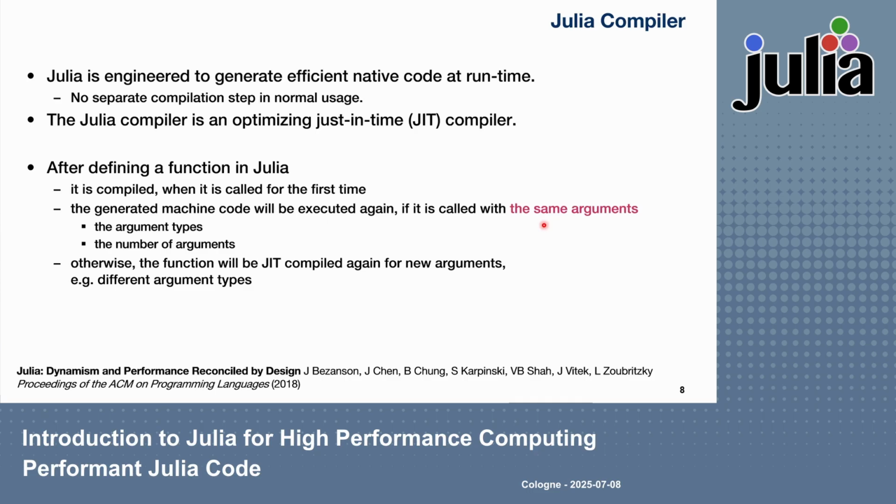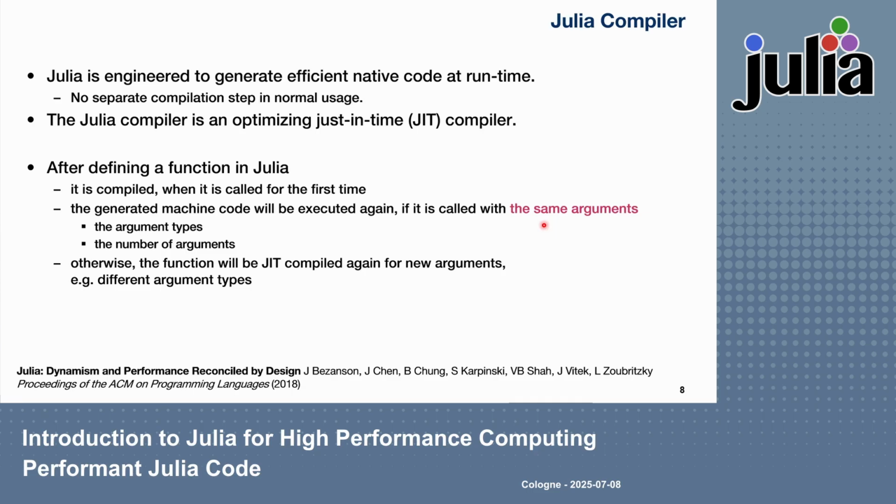So the same argument has two meanings in Julia, unlike C, C++ or Fortran: not only the number of arguments, but also the type. Otherwise, if the arguments differ, either in number or type, the Julia just-in-time compiler will be triggered to get a new method for this function.